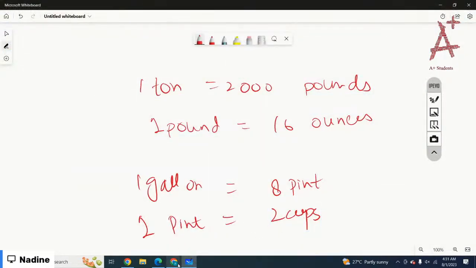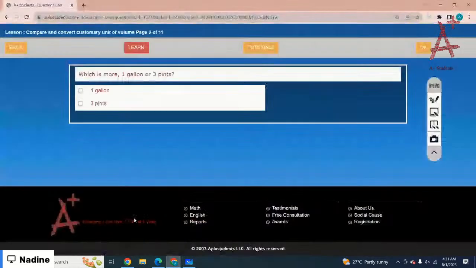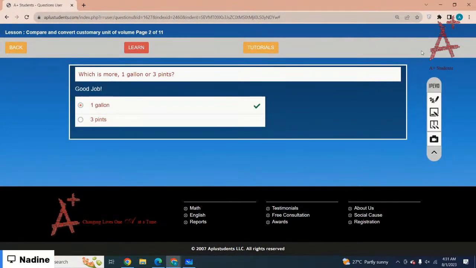So obviously 1 gallon is more than 3 pints. So 1 gallon is more than 3 pints.